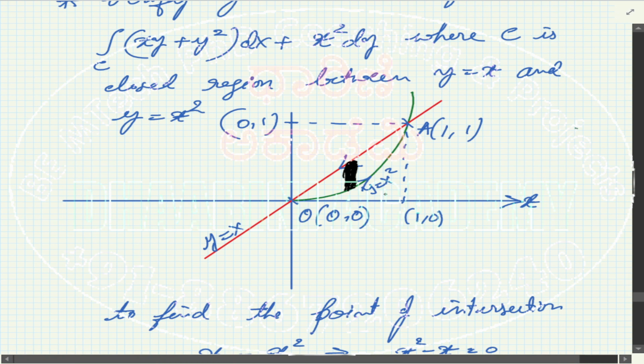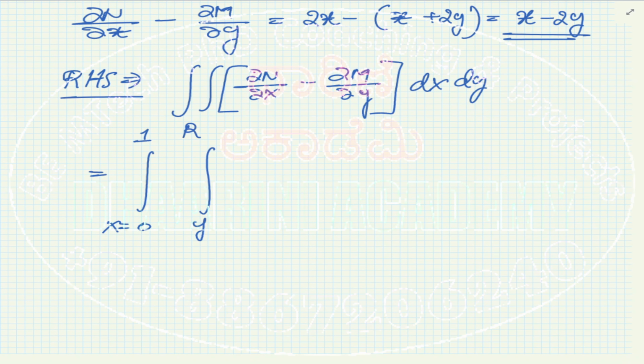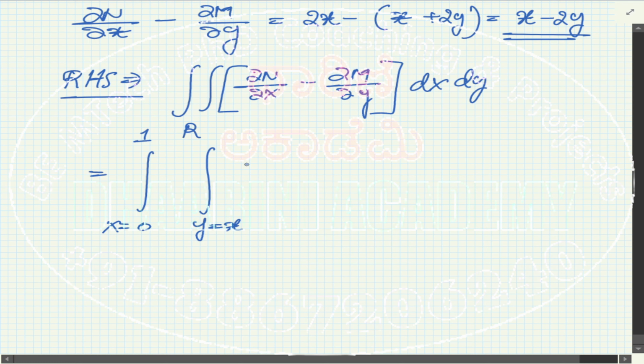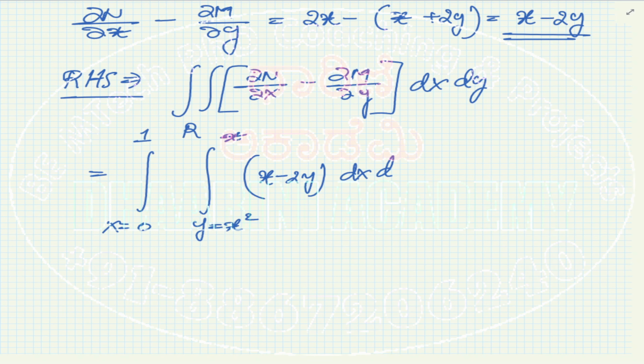So you can see that y starts from x square and goes till the y equal to x curve. So the limit for y is straightforward now. So y starts from x square and goes till the top, that is y equal to x. So the limits of y should be written as x square going till x. Write the function dou N by dou x minus dou M by dou y, that is x minus 2y. So this is dy dx.